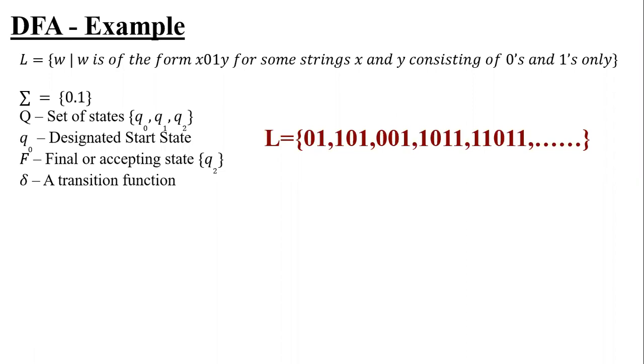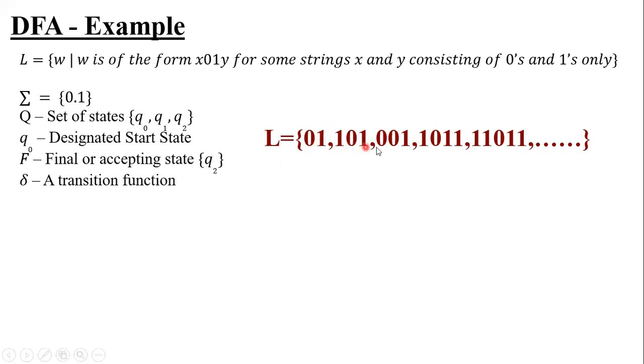These are some possible words that can be generated from this language: 0 1, 101, 001, 110, 11. But in all cases, we can notice that 01 always appears in the string.